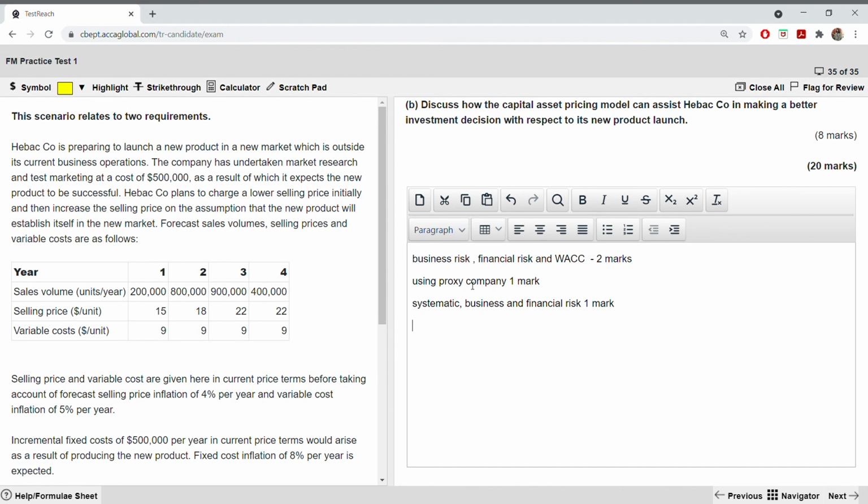Ungearing the equity beta. Re-gearing the asset beta.